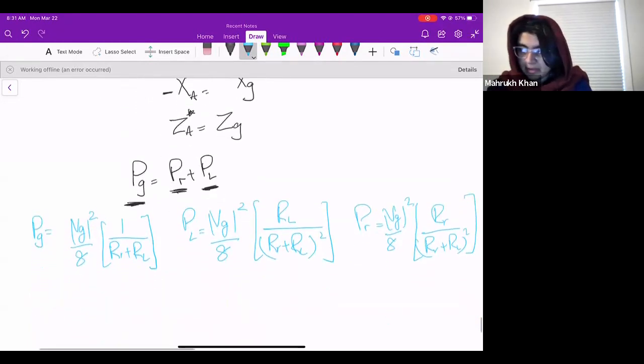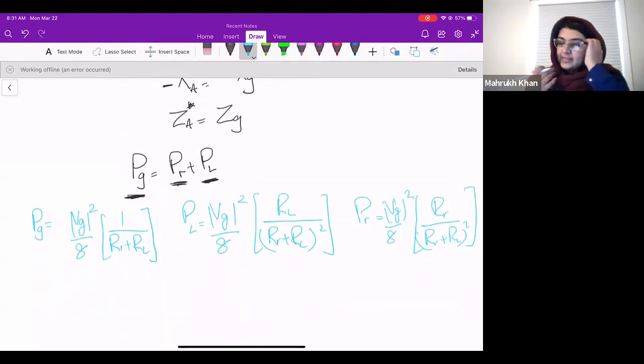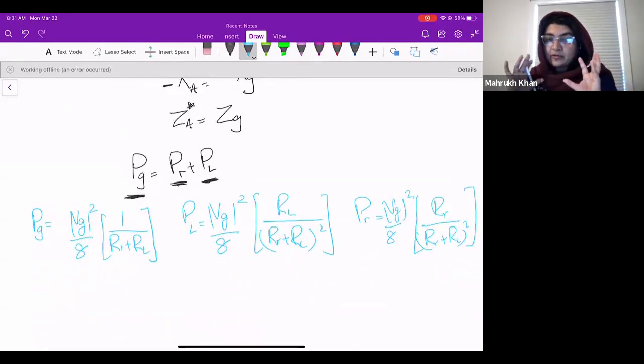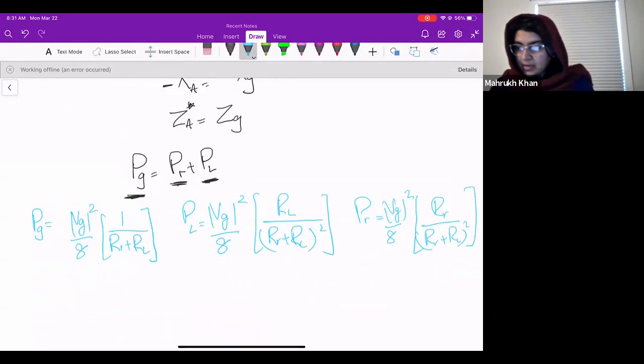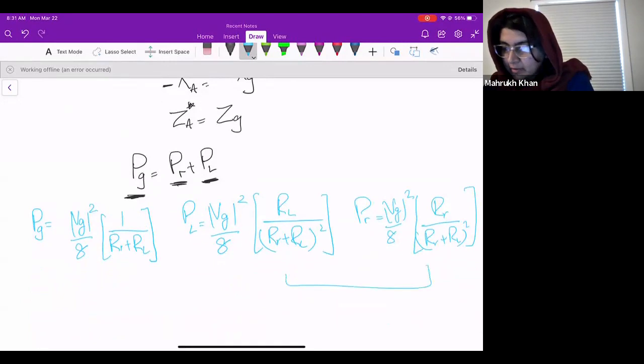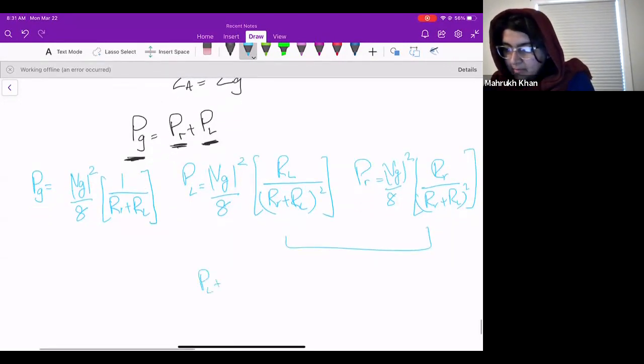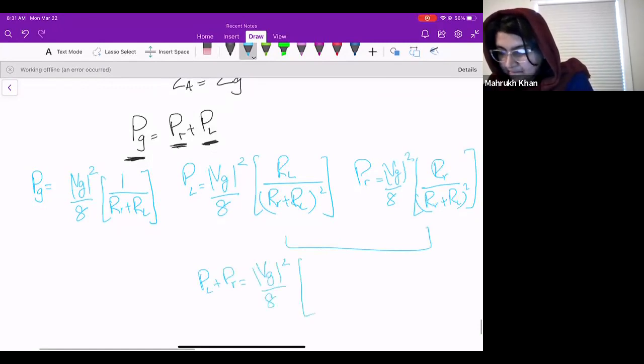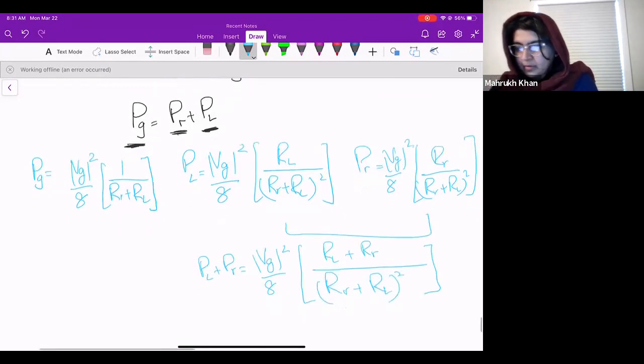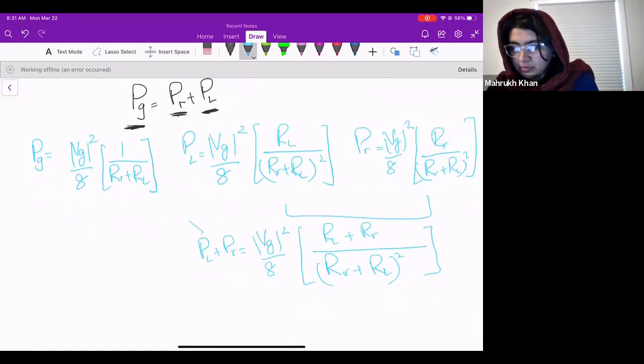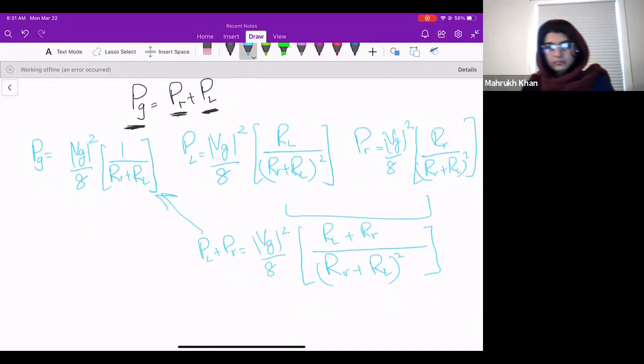okay. And if you go down, these are the conditions of the maximum power transfer or conjugate matching, because they don't have the reactances in them. So you can see that if you add them together, PL plus PR, this will become, which is actually equal to this thing.